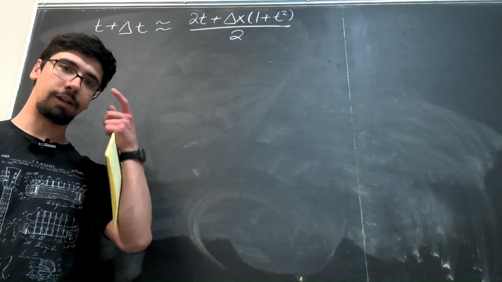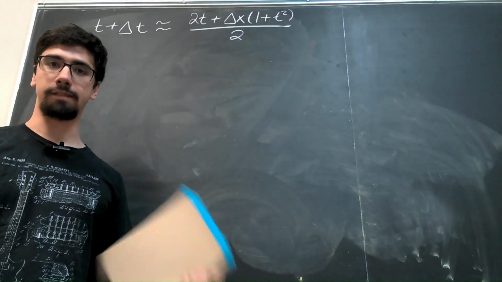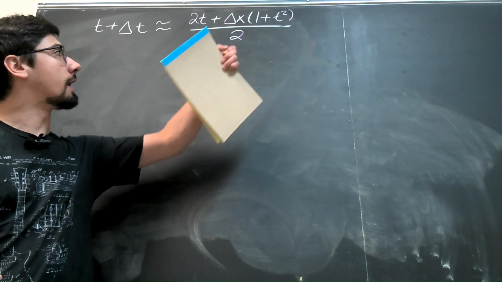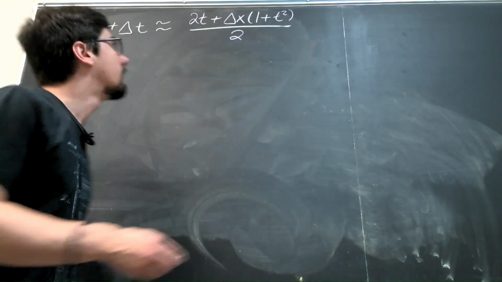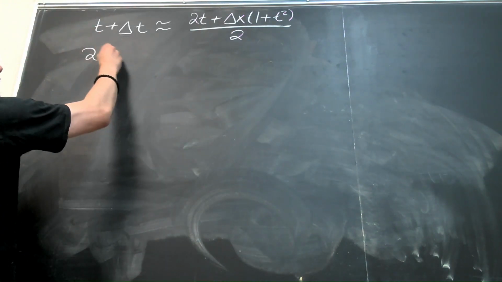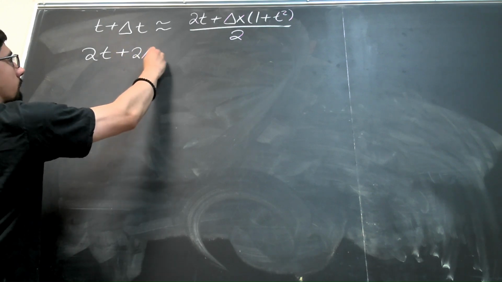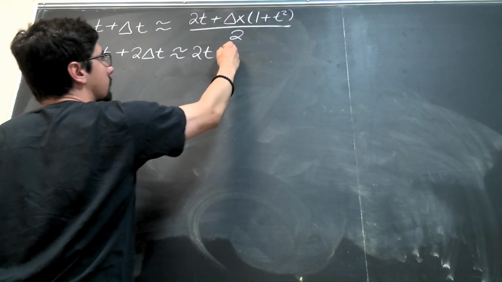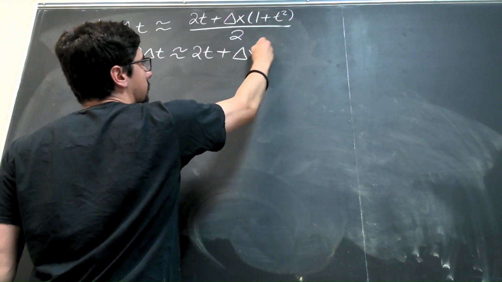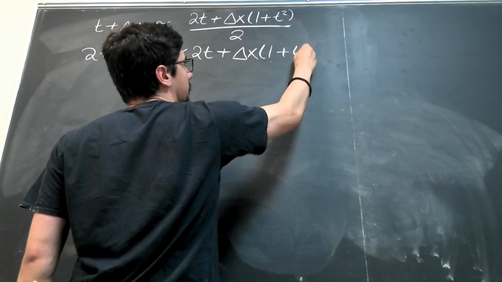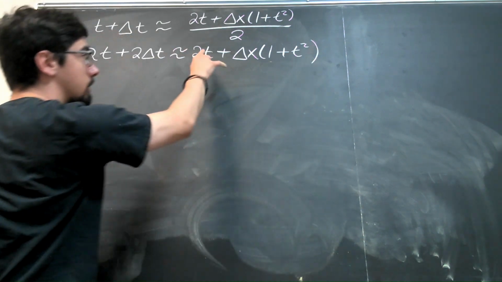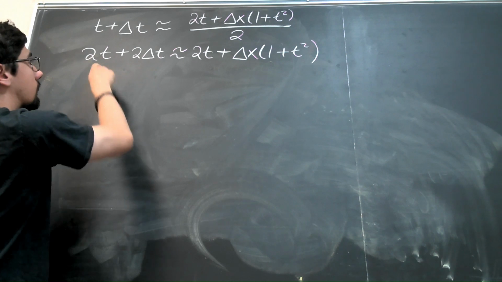So go ahead and clear the board again, and then we'll wrap up this problem in a nice little bow. The last step in this derivation is to go ahead and get delta x by itself. So the first thing I'm going to do is get rid of that 2 in the denominator, and that will give us 2t plus 2 delta t is approximately equal to 2t plus delta x times 1 plus t squared. And I noticed that there's a 2t on the right side and a 2t on the left side.